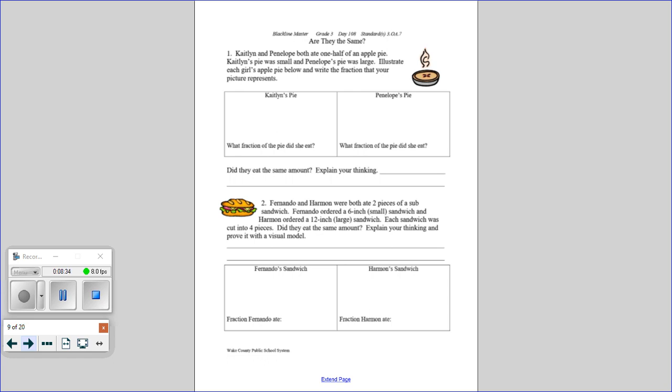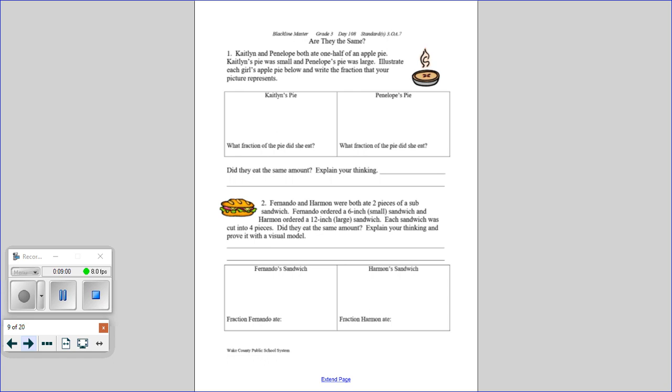Illustrate, aka draw, each girl's apple pie below and write the fraction that your picture represents. Very similar to what we just did. Moving down to the second problem, Fernando and Harmon both ate 2 pieces of a sub sandwich. Fernando ordered a 6-inch, aka a small sandwich, and Harmon ordered a 12-inch, aka a large sandwich.